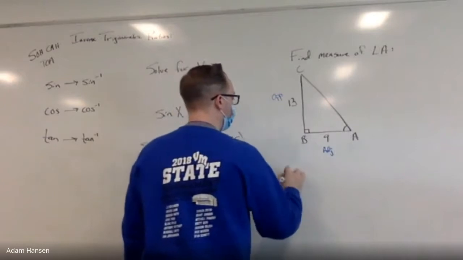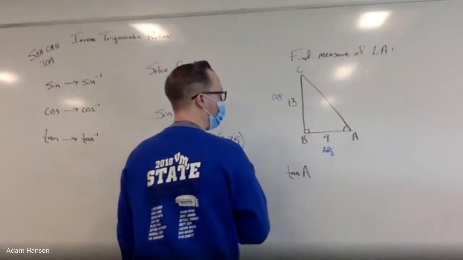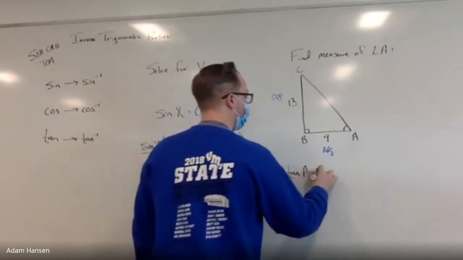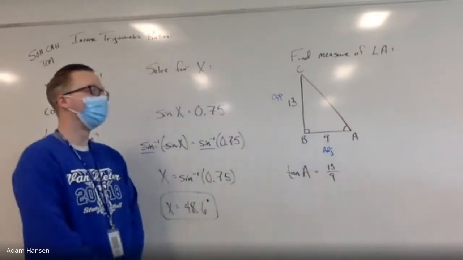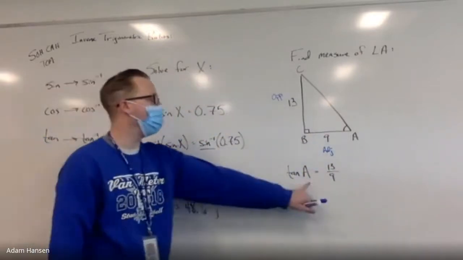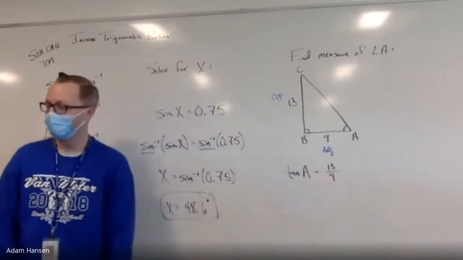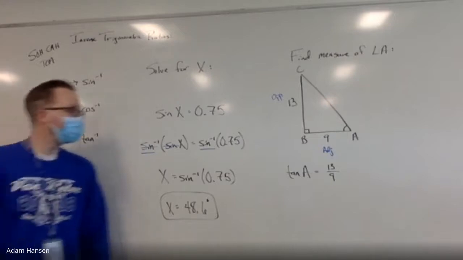So the tangent of A is which ratio? 13 over 9 or 9 over 13? For angle A, its tangent ratio is equal to 13 over 9. Questions on setting that up? Okay. Let's get A by itself.